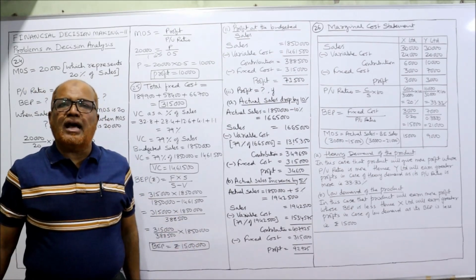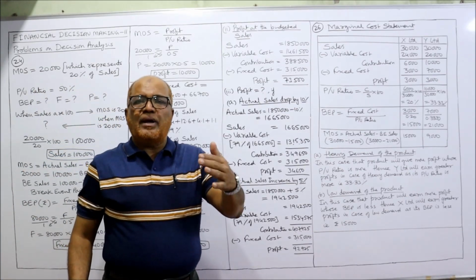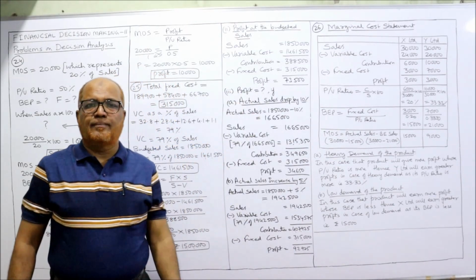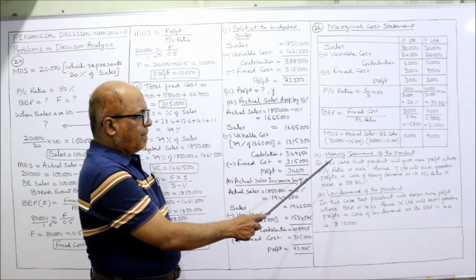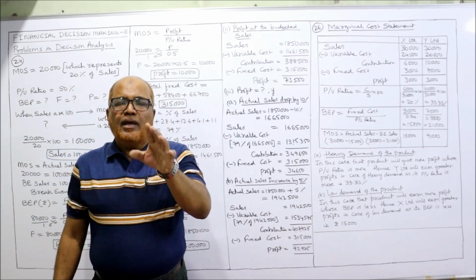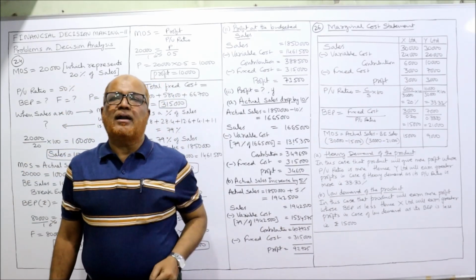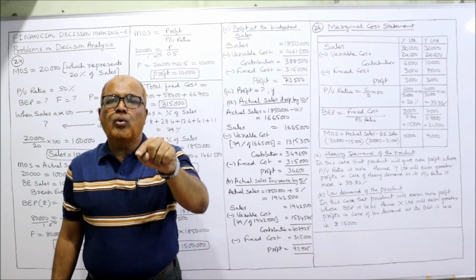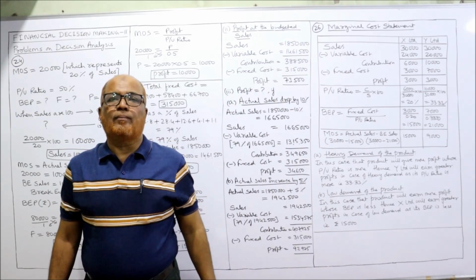Now last question, last bit is, which company will earn more if the demand is heavy in the market? High demand in the market. Now you remember, if the demand is high in the market, that company will earn greater profits whose PV ratio is more.